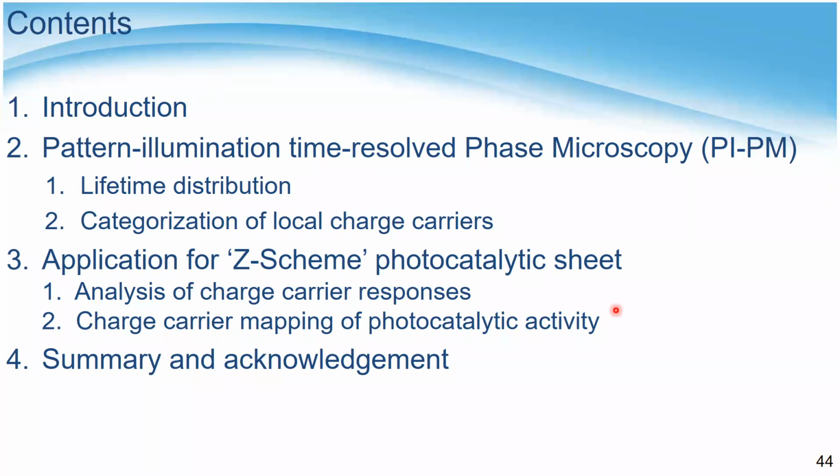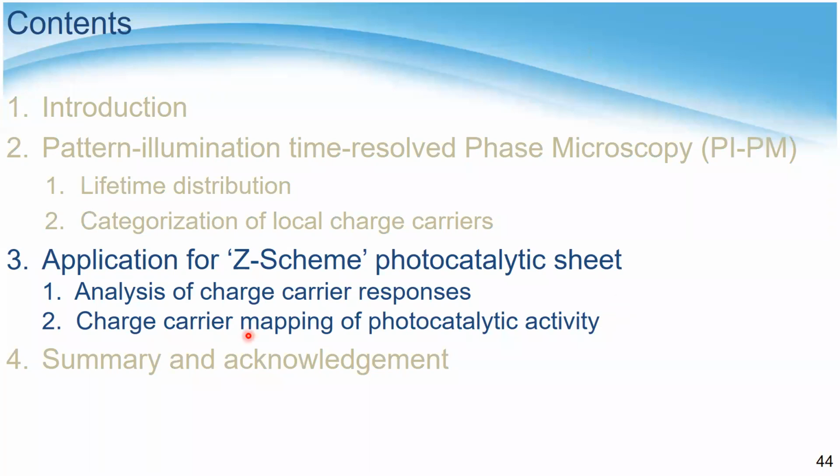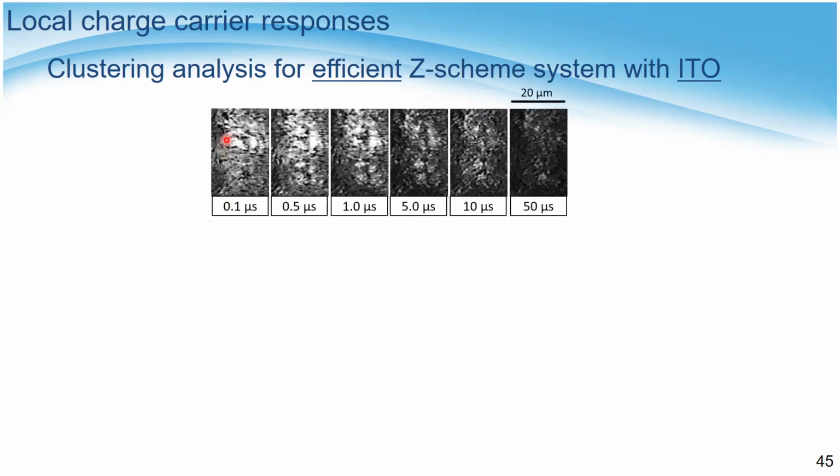Finally, I will talk about the charge carrier mapping of photocatalytic activity. First, we use clustering analysis for an efficient Z-scheme system, meaning that ITO is included as a charge mediator. In this case, we could obtain this kind of response image, but not in this image.